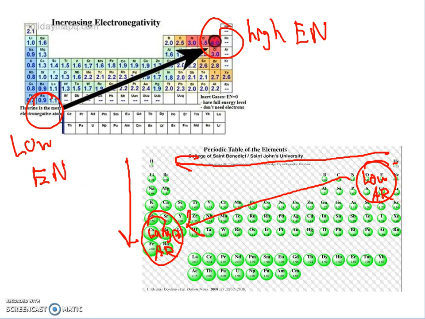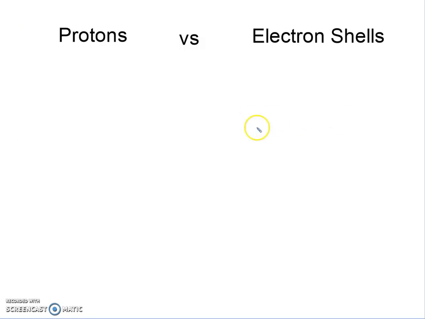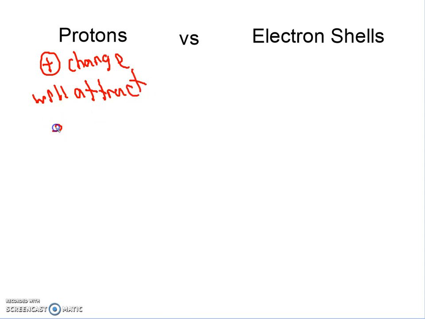So there's two factors that control these patterns, and that's going to be protons and electron shells. So remember, protons have a positive charge, and opposites attract, so that means they will attract electrons. So if you attract electrons more and bring them in, you're going to have a smaller atom. Okay, what about electron shells?